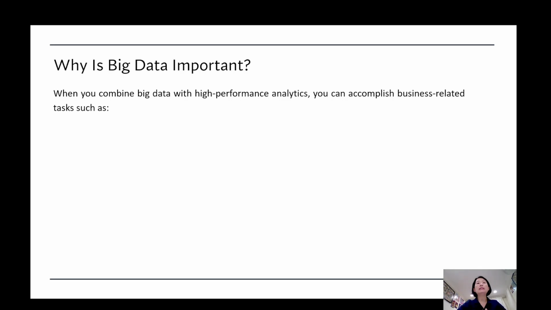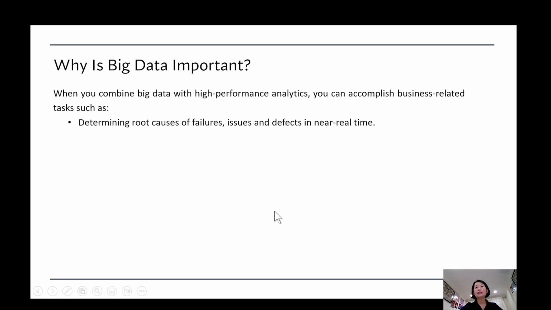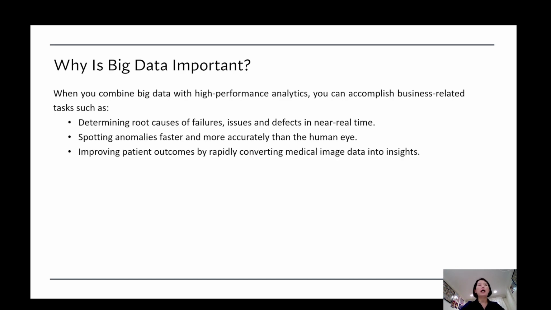When you combine big data with high performance analytics, you can accomplish business related tasks. For example, you can determine the root cause of failures, issues, and defects in near real time. You can spot anomalies faster and more accurately than the human eye.